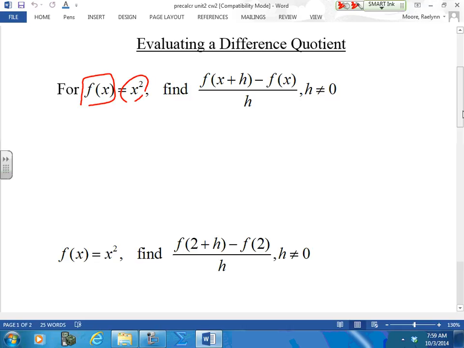Now, this right here should read f of x, right? Because I want it to look like this, f of x. So I want you to take this x plus h and put a squiggle, put x over it. That's your f of x, your f at x. Your function when that value of x is x plus h. You just did this for me.